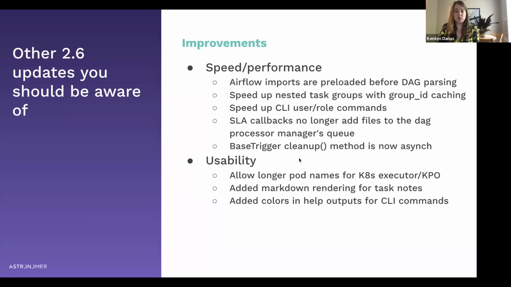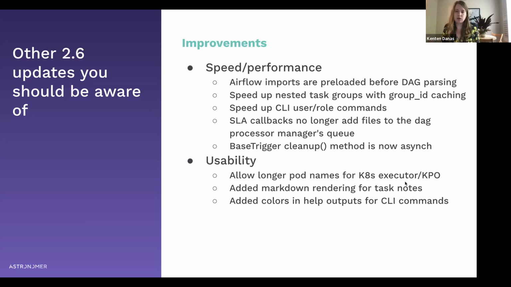A couple of usability things to note that will be relevant if you use these things, maybe not if you don't, but could be super helpful. For the K8s executor or Kubernetes pod operator, you can now have longer pod names. That was a little issue that we had heard about periodically, with people, especially DevOps teams, trying to have standardized pod names that would come up against that limit.